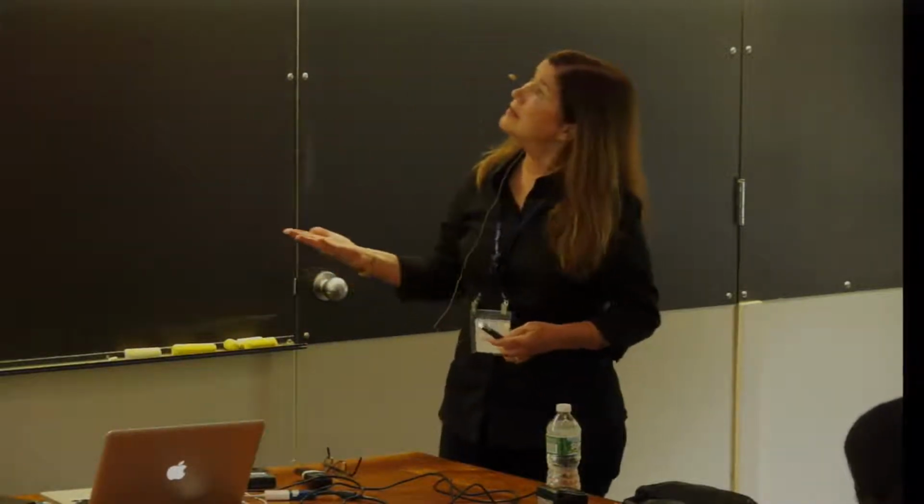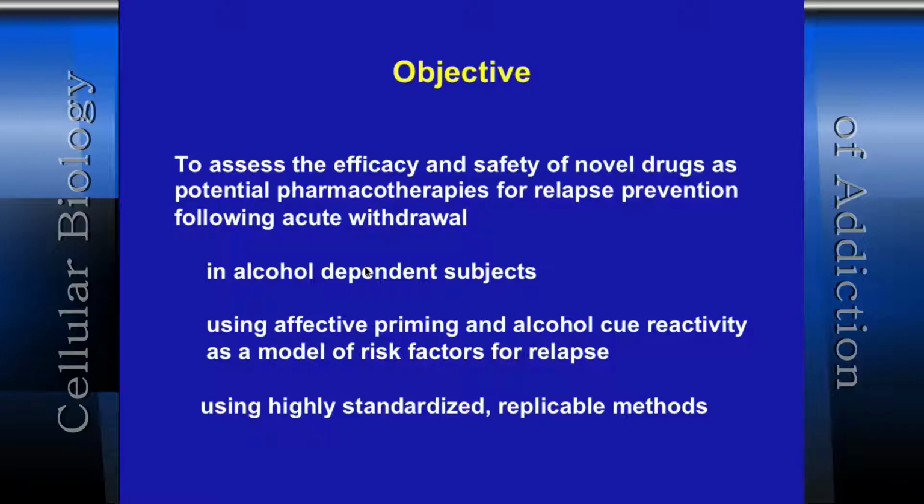And the thinking behind my work is to look at novel medications for relapse prevention during that protracted abstinence, post-acute withdrawal phase. We need alcohol-dependent subjects as opposed to social drinkers, because it's in dependence that you have that neuroadaptive process that involves the recruitment of the stress systems that George talked about, which form the pharmacological target for preventing relapse by normalizing hyperactivity in those systems.